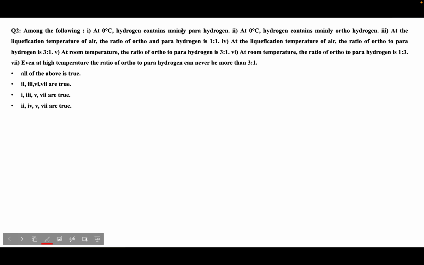So first, since we know these properties of ortho and para, that is at 0 Kelvin, it is mainly para. So I think it is 0 Kelvin here.